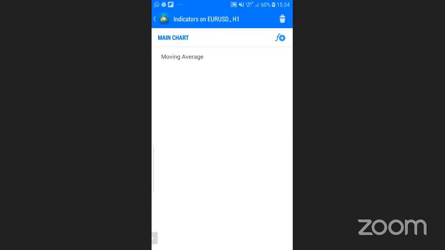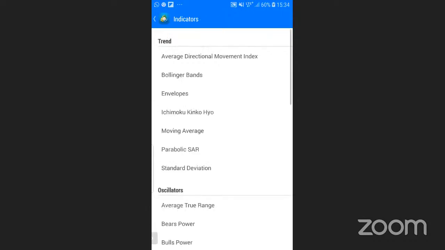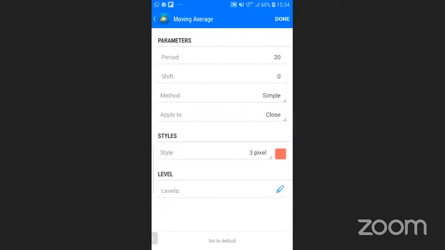I'm adding because I noticed when I use 20, the other 200 got deleted. So I need to add. For me to add another moving average, I click on this plus sign. So I'm adding another one. I click on it. Then another moving average. I go back to moving average. Then what period am I using? The other 200 has left the chart.